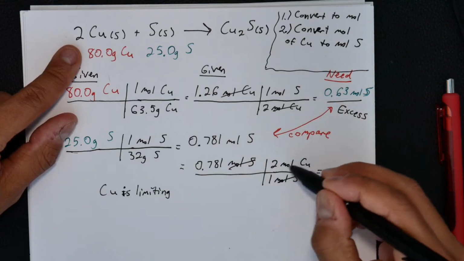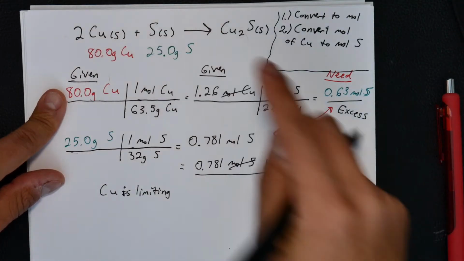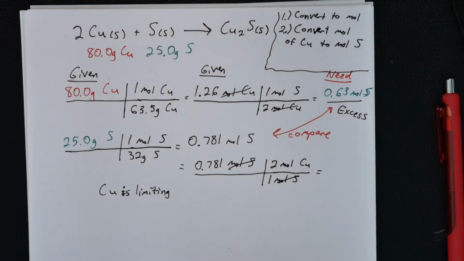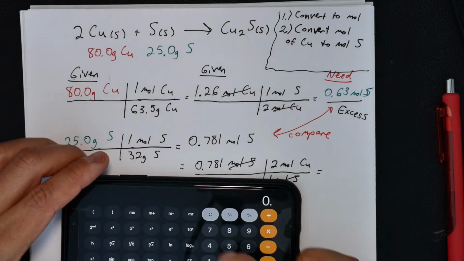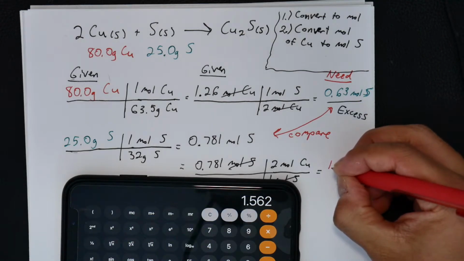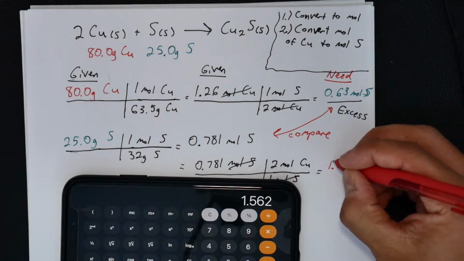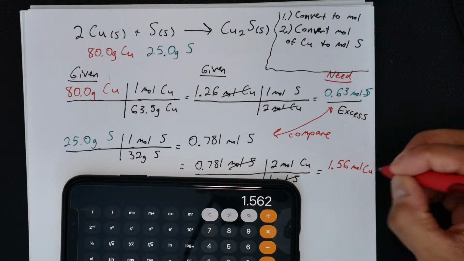Again, this here is coming from this ratio, 2 to 1. So if we take 0.781 and times that by 2, we need 1.56 moles of copper.